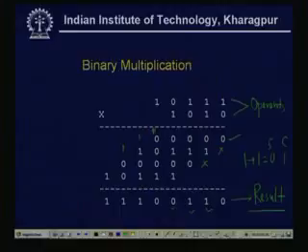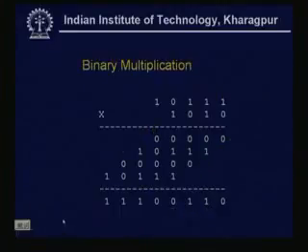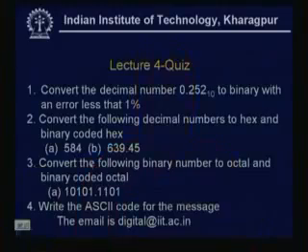Now, we see today's quiz question, that lecture 4 quiz. The first thing is to convert the decimal number 0.252 in decimal base to binary with an error less than 1%. Second is convert the following decimal numbers to hex and binary coded hex.